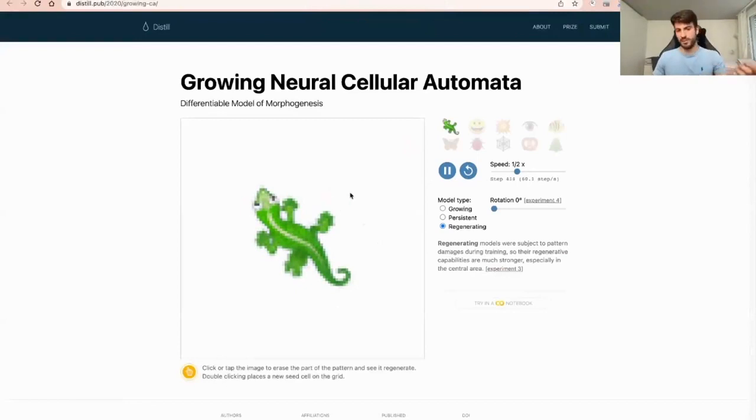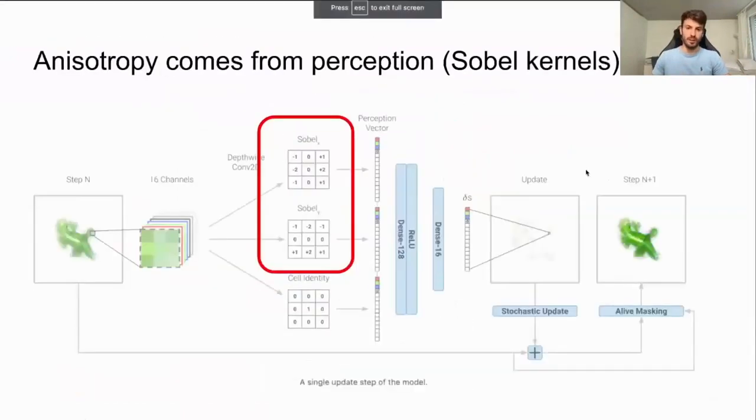And the cause of this is because these neural cellular automata are anisotropic. And by this I mean that their behavior is dependent on their orientation, on the x and y coordinates, which is something which we might not want. But where is it coming from? Well, it's very easy to inspect, and it's due to the way they perceive the environment.